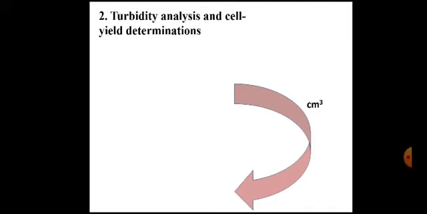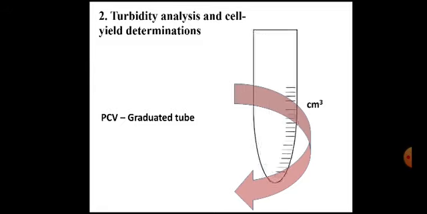Second method is turbidity analysis and cell yield determination. For this, the method used is the packed cell volume method, that is the PCV method. The tool used for this method is a graduated tube, that is the PCV tube.